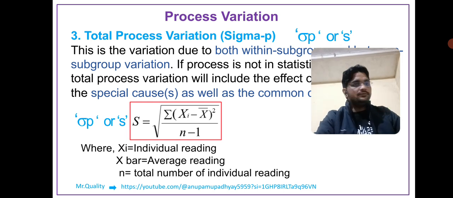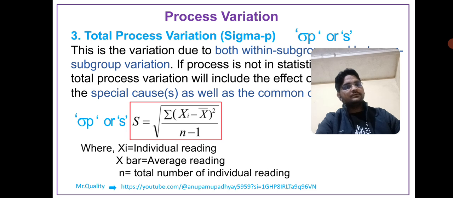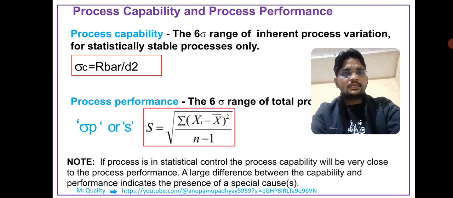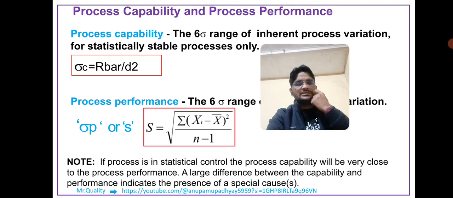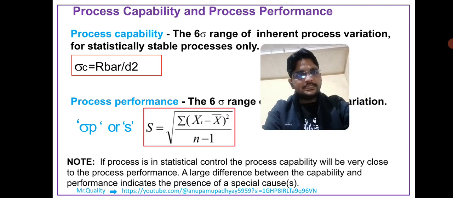Cp and Cpk are short-term process capability, and for process performance we use Pp and Ppk, where sigma is sigma p or sigma s, meaning total process variation.